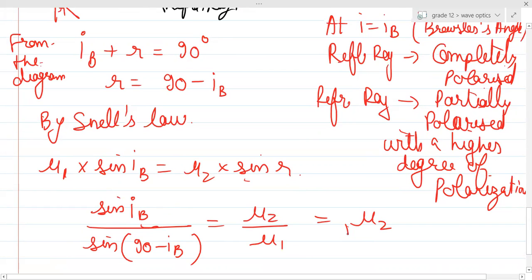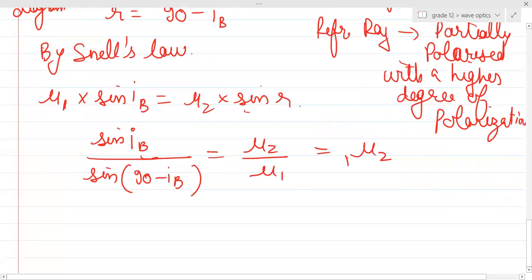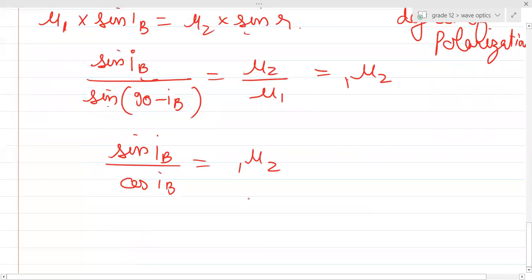Yes or no, guys? Yes, sir. So what is sine of 90 minus theta? Cos theta, right? So this becomes sin IB divided by cos IB is equal to mu2 by mu1. And what is sin by cos?